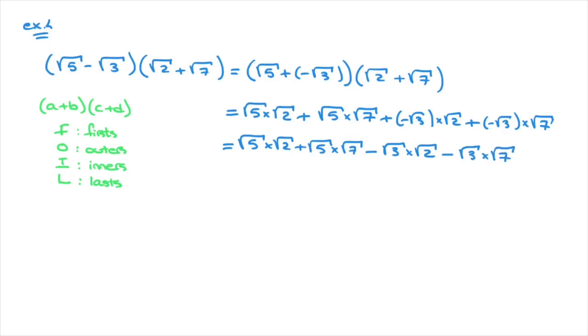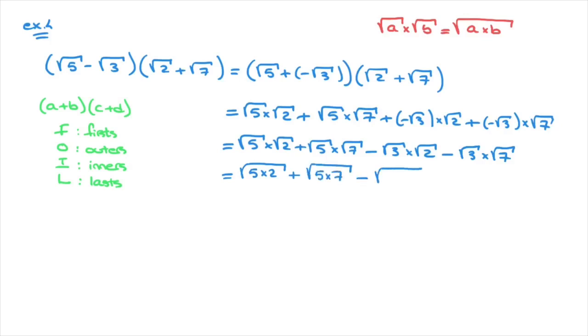We're now all set to go ahead and use our formula. Remember, that was the square root of a times the square root of b equals the square root of a times b. That leads us to the square root of 5 times 2 plus the square root of 5 times 7 minus the square root of 3 times 2 minus the square root of 3 times 7.